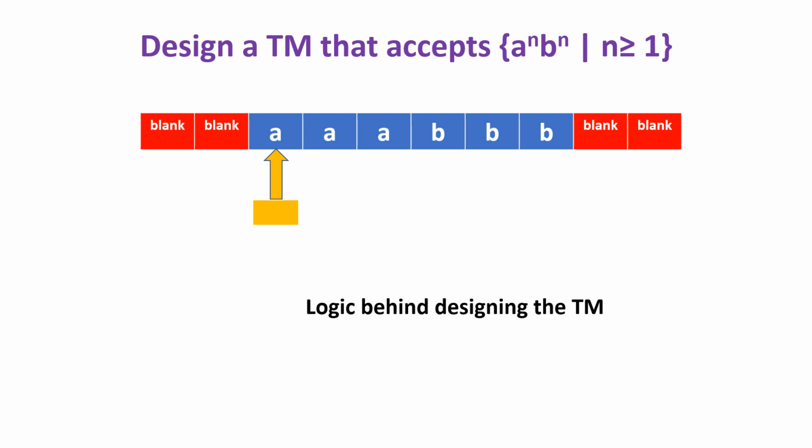In pushdown automata, we could keep track of the number of A's being equal to the number of B's by pushing A's into the stack and popping the topmost A when the input string has a B. Whereas in the Turing machine, we have a tape, and the logic behind designing the Turing machine that accepts the language a^n b^n is, for example, if I have 3 A's and 3 B's, find the leftmost A and replace it with X. Move towards the right, find the leftmost B, replace it with Y. Then go back, again find the leftmost A, replace it with X, and then the leftmost B with Y. In this way, we have to complete the cycle.